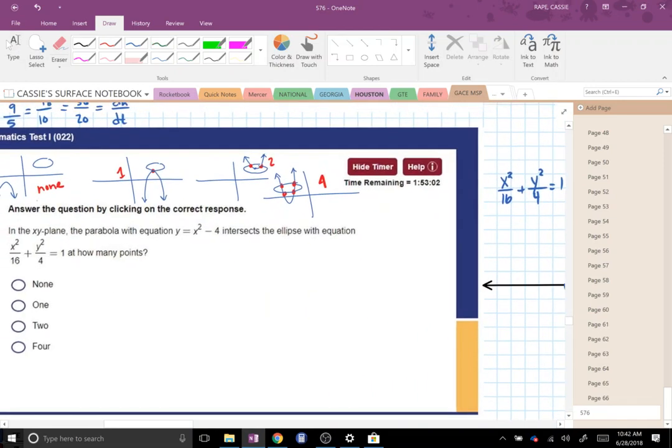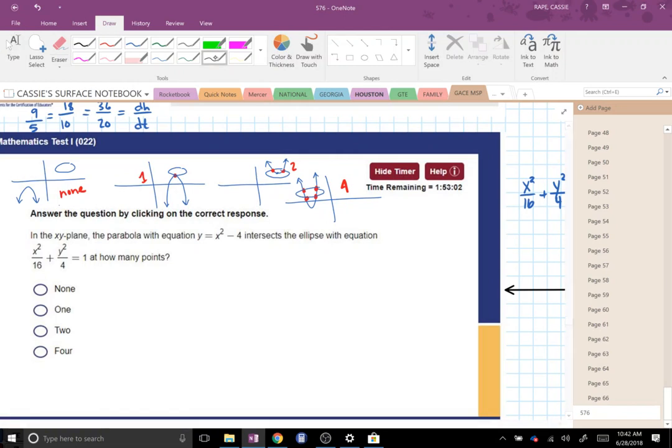Okay, very quickly I want to talk to you about how to isolate y in that ellipse equation. If you had x squared over 16 plus y squared over 4 equals 1, the first thing I would do is multiply everything by 16 so that I could clear those fractions out.